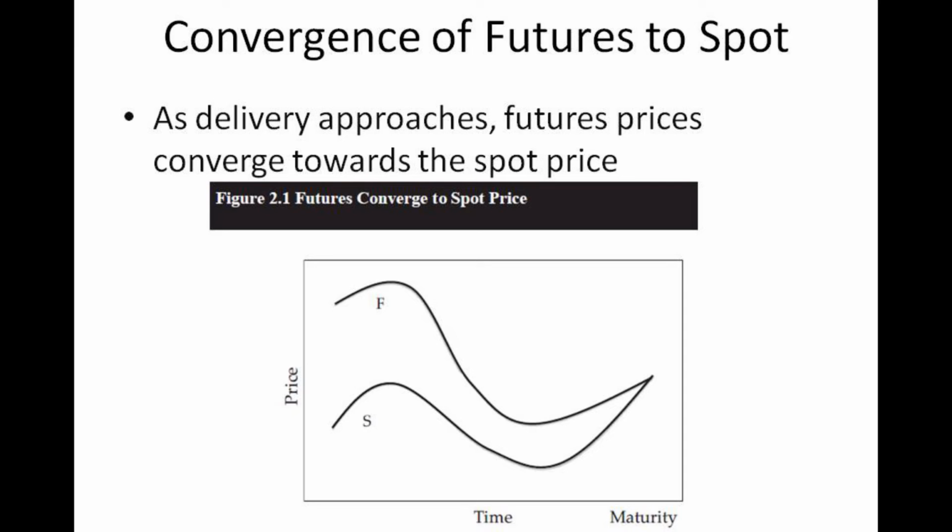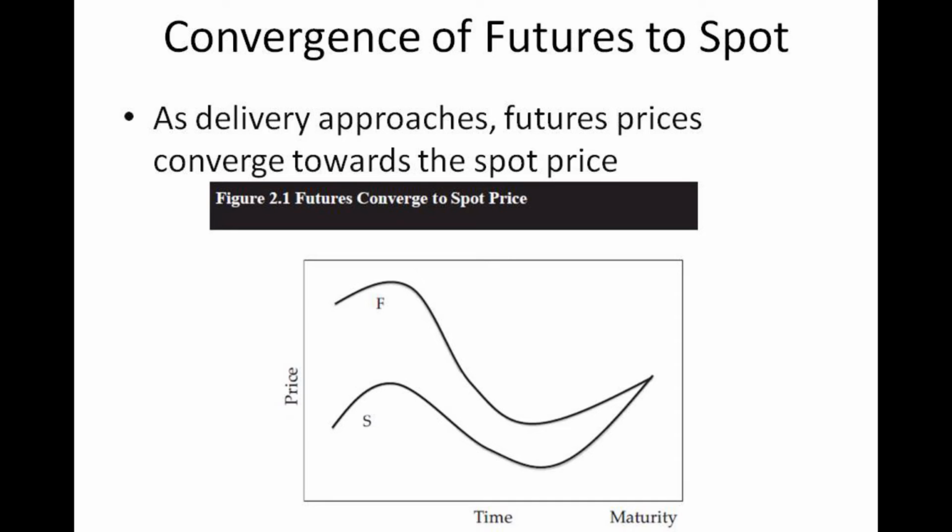And it's pretty obvious that at maturity, a future that expires today is no different than the spot price, right? Because a future that gives you the delivery today is the same as just buying the underlying asset. Buying a future is just sort of a complication on the way to buying the underlying asset. So it's obvious that at maturity there should be no difference between the futures price and the price of the underlying.